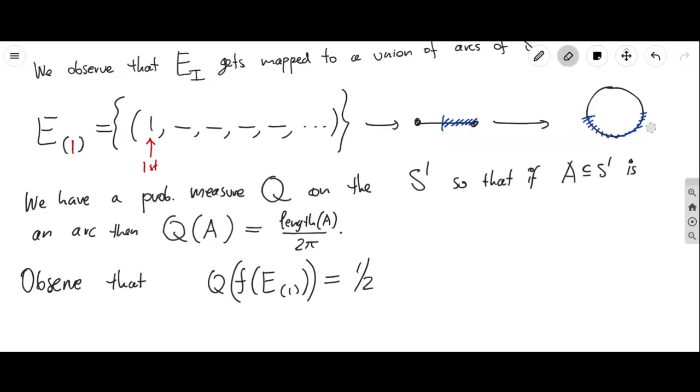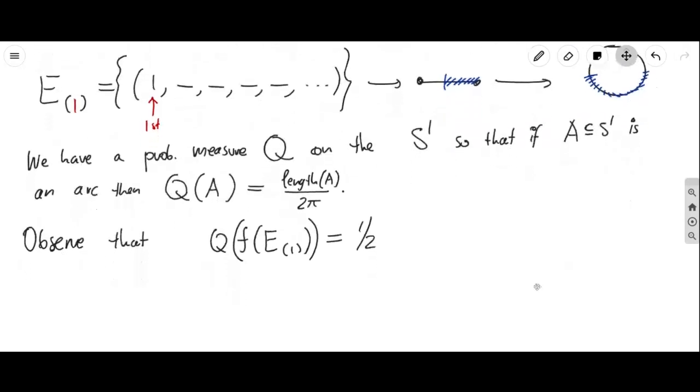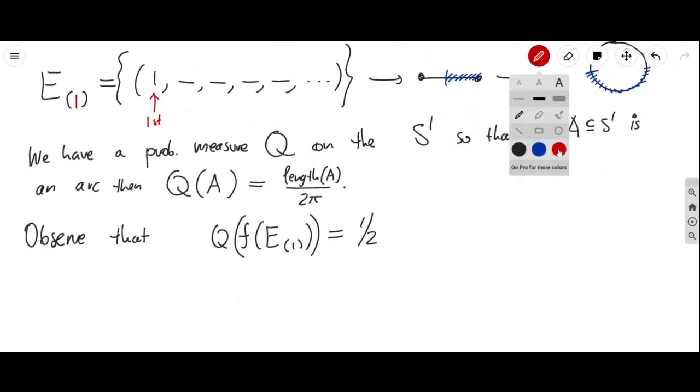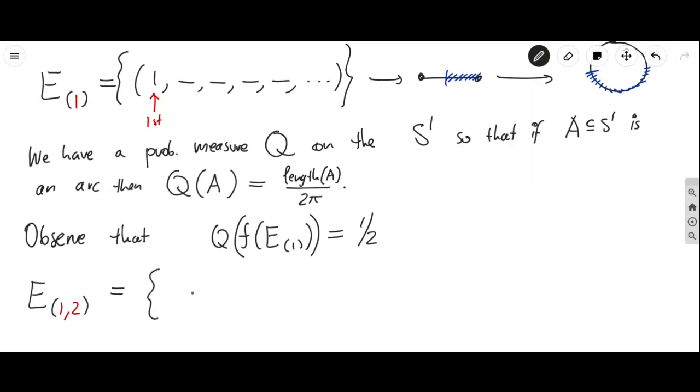It gives you exactly 1/2, because you can see it takes up half the length on the unit circle. Now, to show you another example, let's say we had E, and the multi-index was, to keep it simple, 1, 2. Then this would be the set of binary sequences where you have a 1 in the first 2 positions, and then everything else is whatever you want it to be.